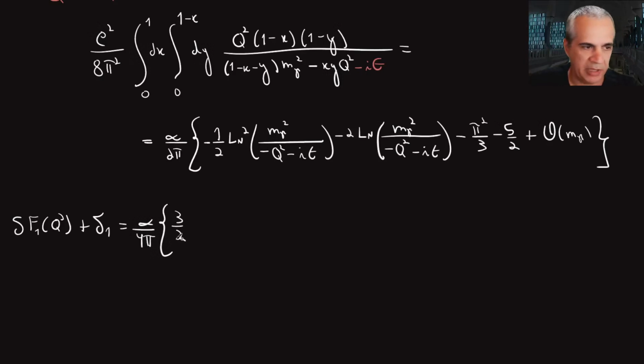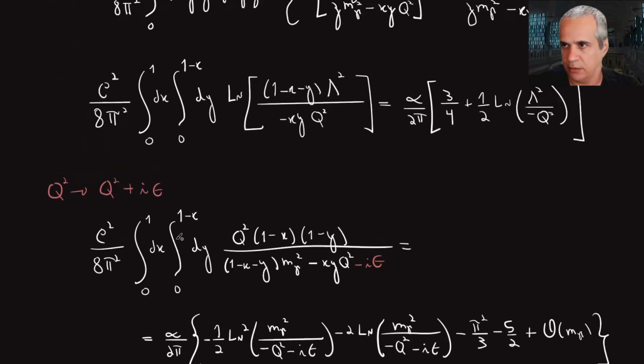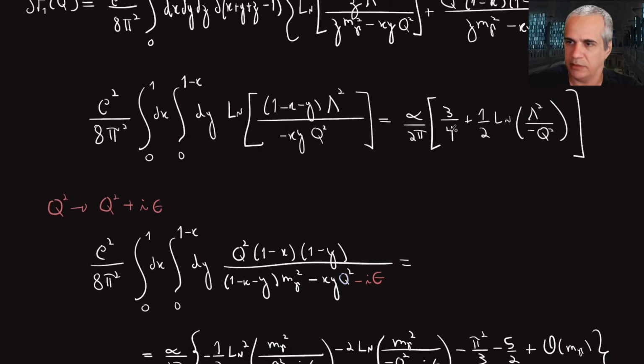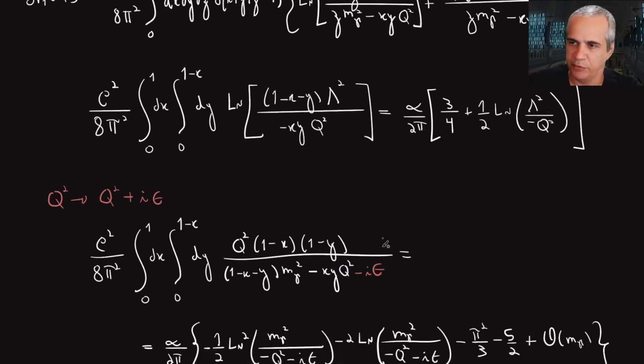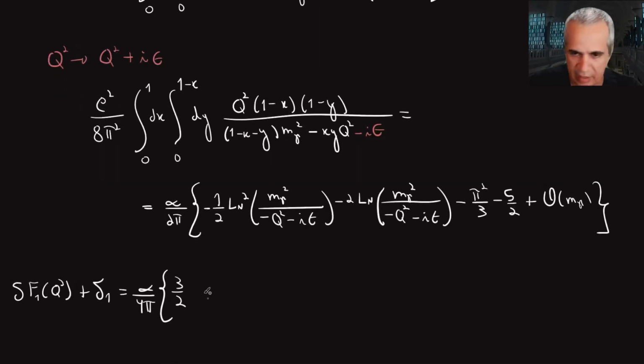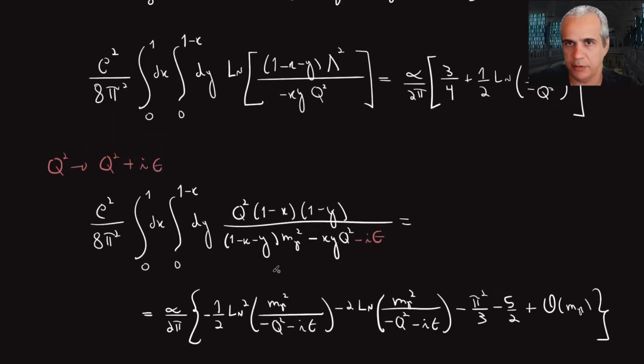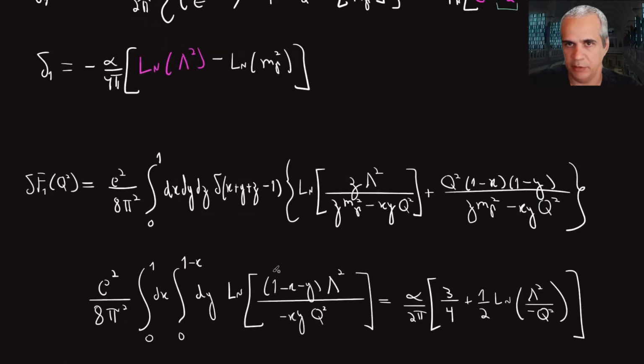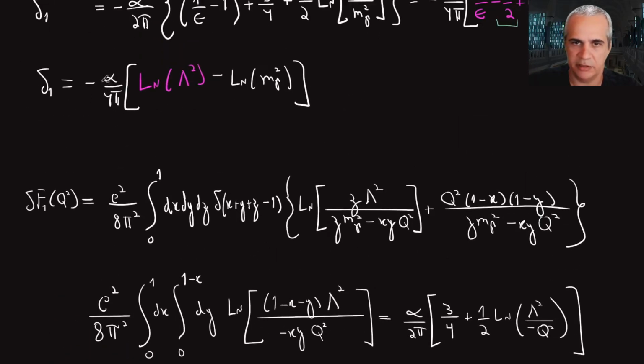I'm just copying now this part, right? I took an extra power of 2 outside, so it's 3 halves plus the log of lambda square over minus q squared. The counter term, right? The counter term is written here. It's just minus alpha over 4 pi and this log.